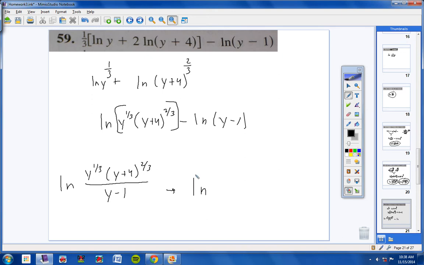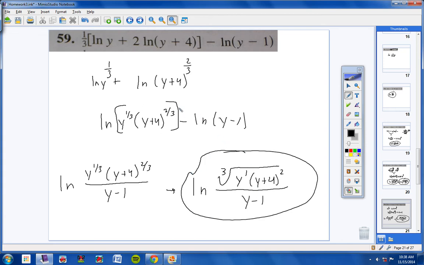Natural log cubed root of just the numerator, y to the 1 power, which you don't need to put that 1 if you don't want to. This 1 here is from this 1 here, okay? And then y plus 4 to the second power, coming from this 2 right here, okay? All over y minus 1. And the y minus 1 is not under the radical, okay?